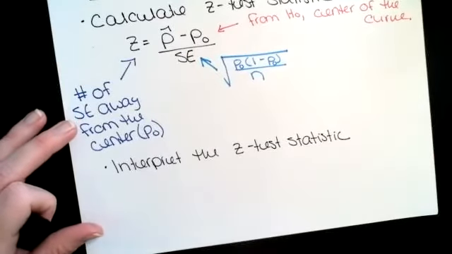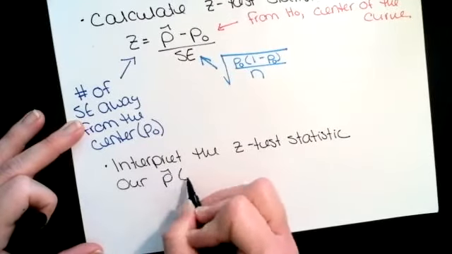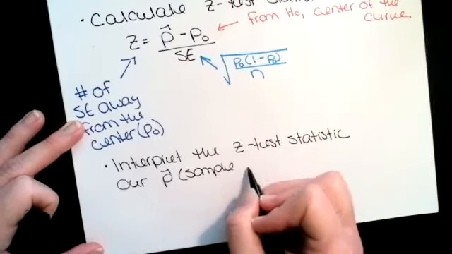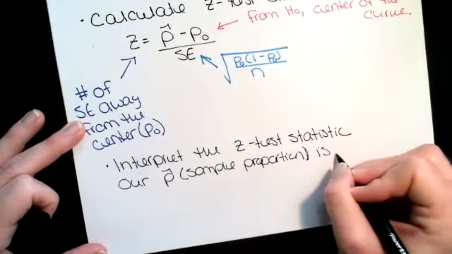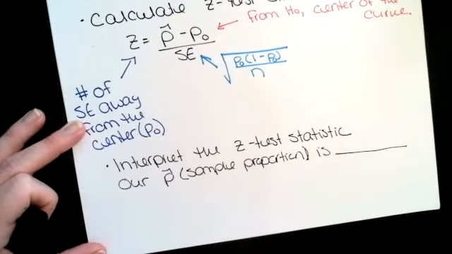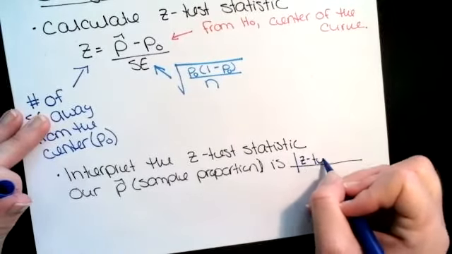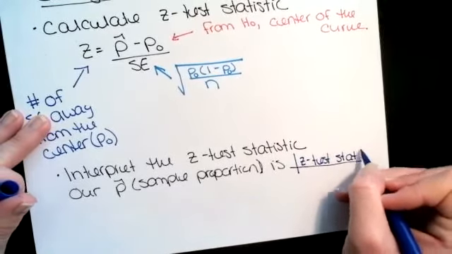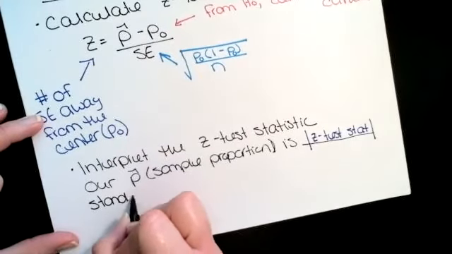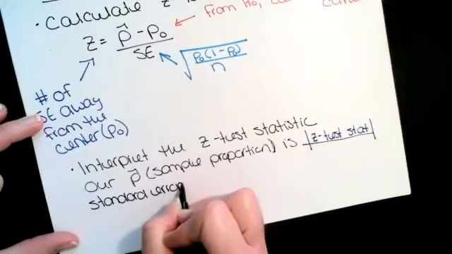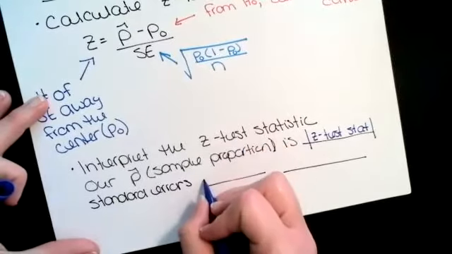So when we interpret this, we can just say our p hat, or you could say sample proportion, is whatever this value is for my z-test statistic, in absolute value, standard errors above or below.